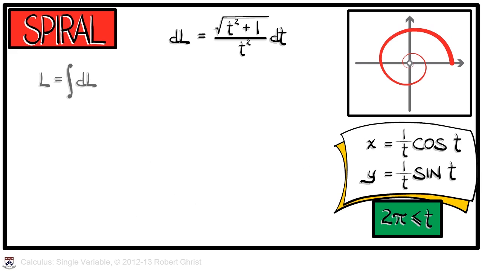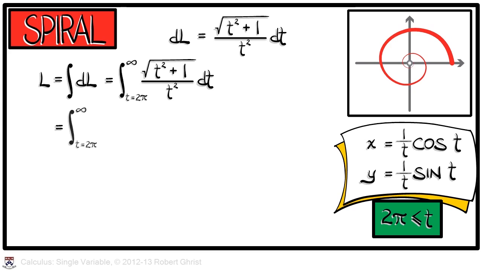Now, integrating that is not going to be so bad, maybe. Let's try. What we need to do is integrate as t goes from 2 pi to infinity. Now, I don't see a really good substitution at this point, but what I can do is say that the t squared is the dominant term under that square root.